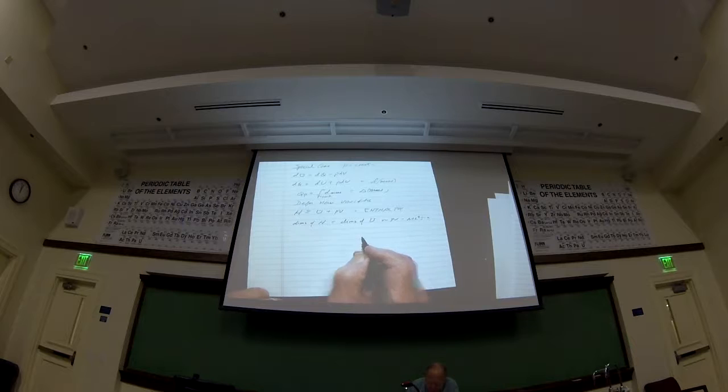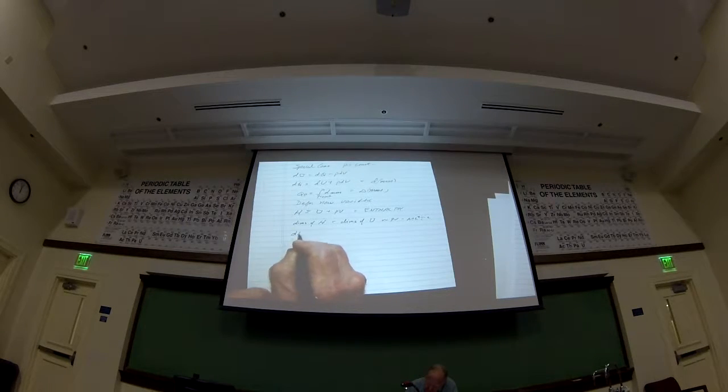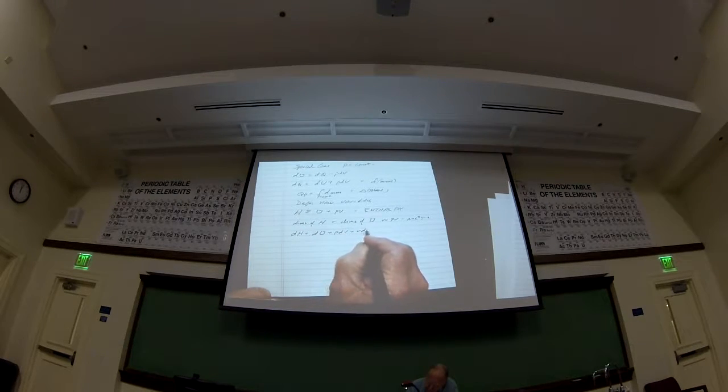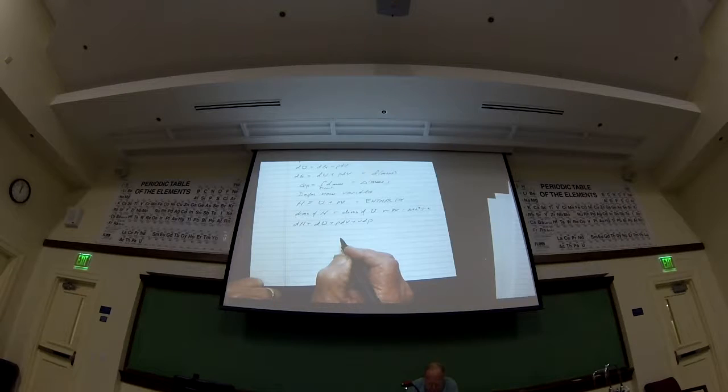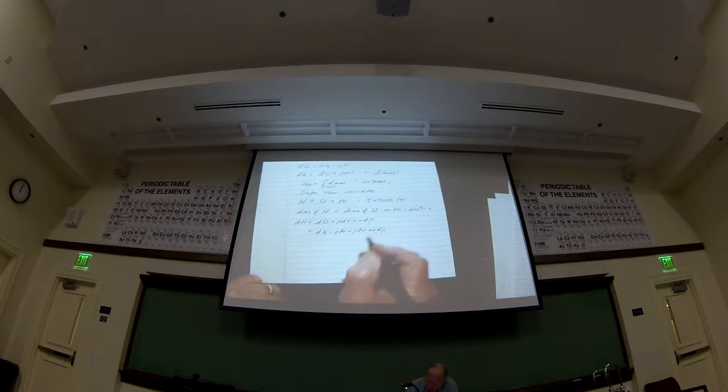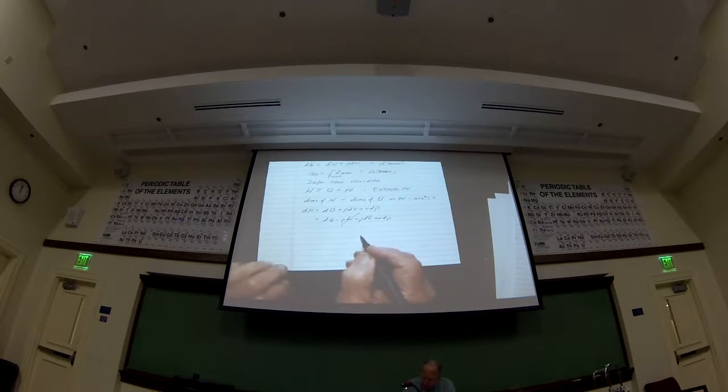And the total derivative of H is dU plus P dV plus V dP. And dU is dq minus P dV. Those cancel each other if we solve for dq.